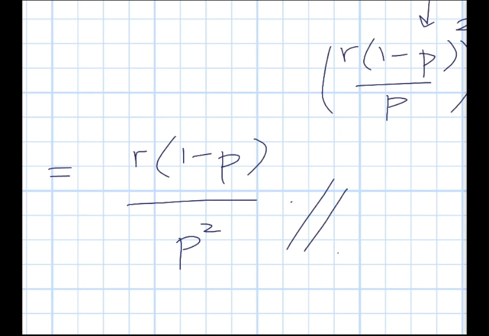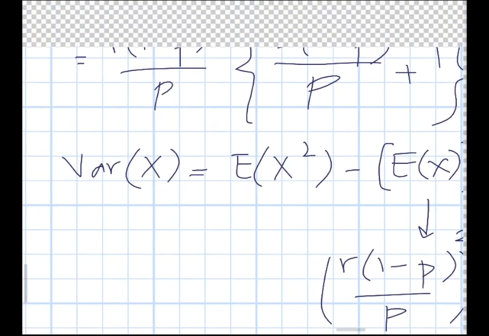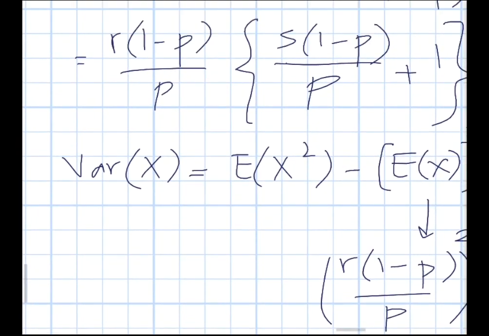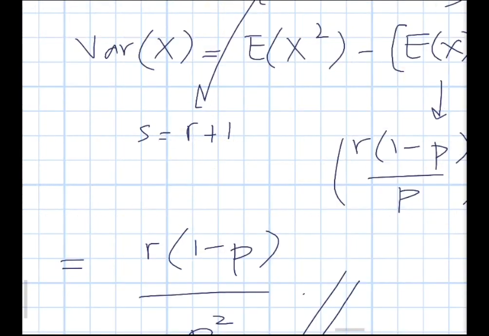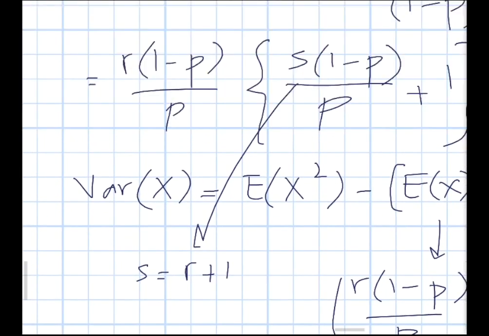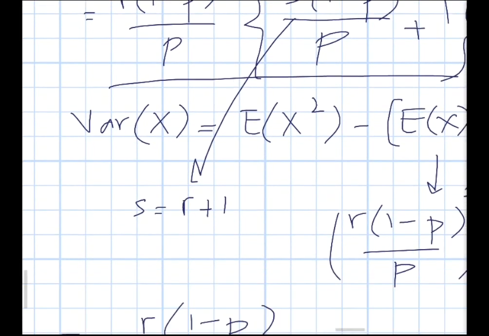So this is the variance of a negative binomial random variable. Note that I have skipped some steps here, and this is just basic algebra. I have used s is equal to r plus 1 and then some basic simplification techniques to come to this result. If you don't want to, you can leave it at this minus this, and if you are using a machine to calculate the variance, you will get the same answer.